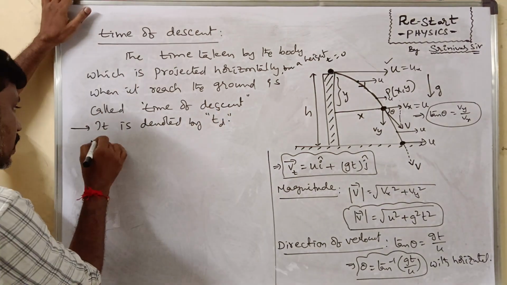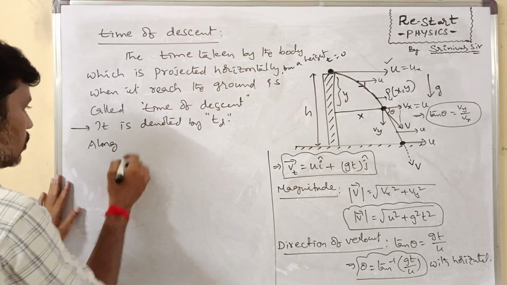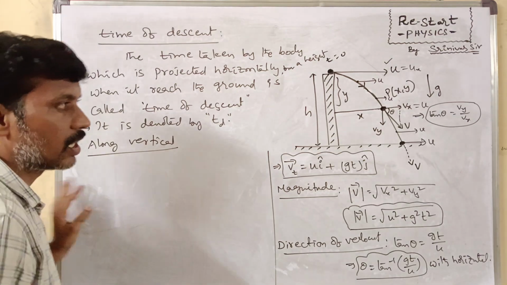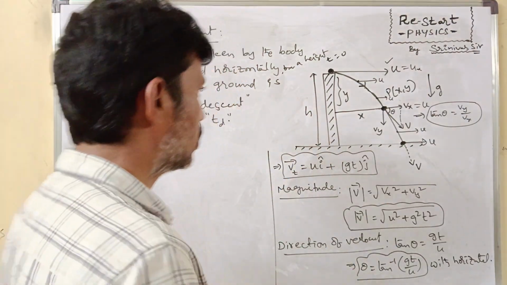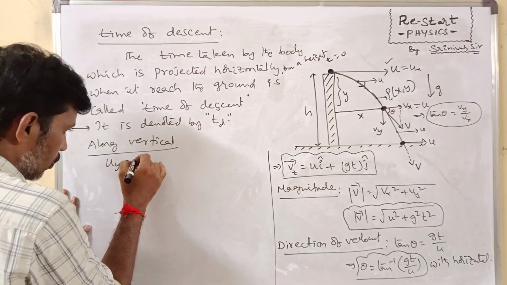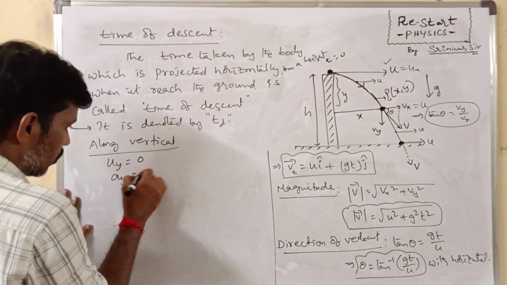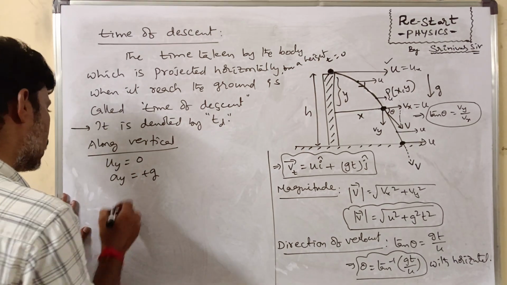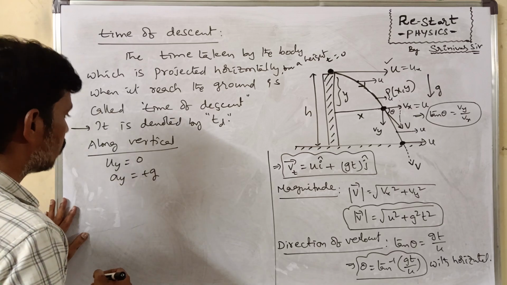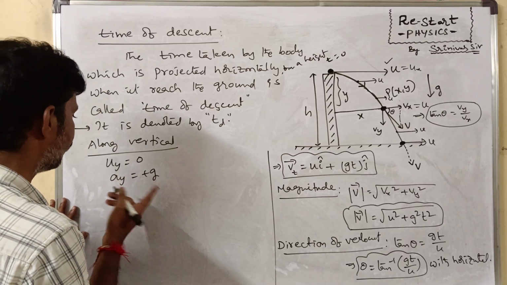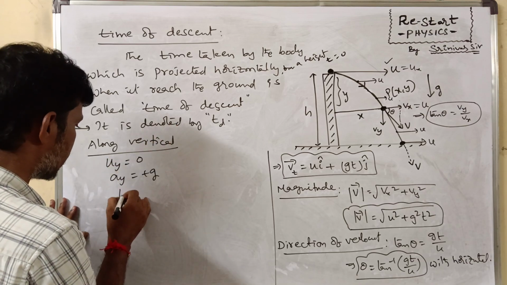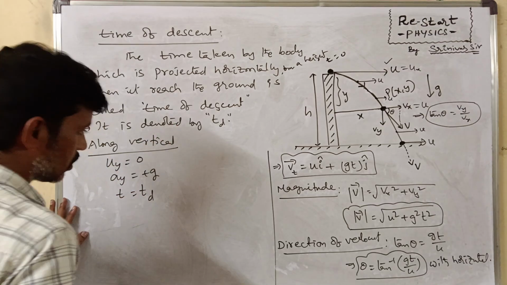So along the vertical direction, let us take the values. Along vertical motion, uy is equal to 0, ay is equal to plus g, and we have to find the time t equal to td when it reaches the ground.